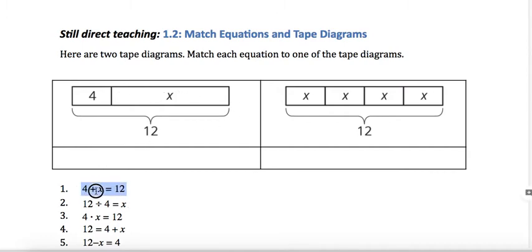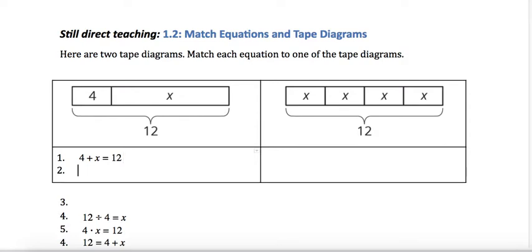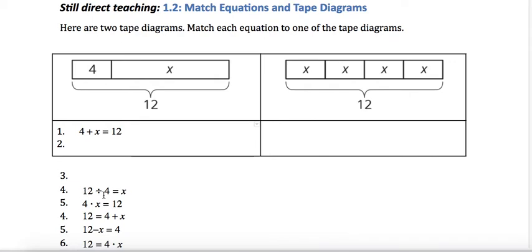So I'm going to take this one, highlight it, and drag it here. And then I'm going to hit my right button and then enter so I can write on the next line. 12 divided by 4 equals x. So here I have 12, and it's broken into 4 equal pieces, and each equal piece equals x. So this goes here.